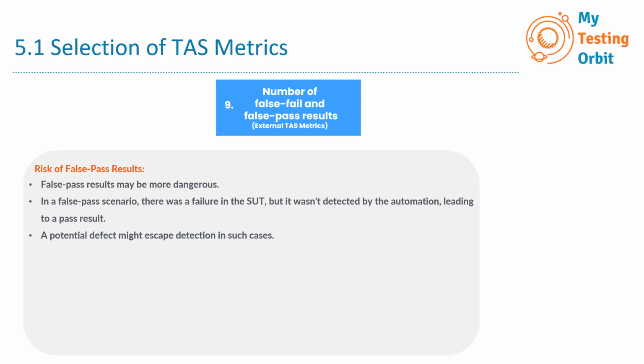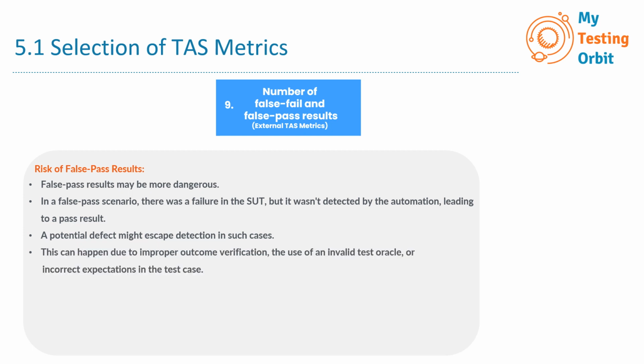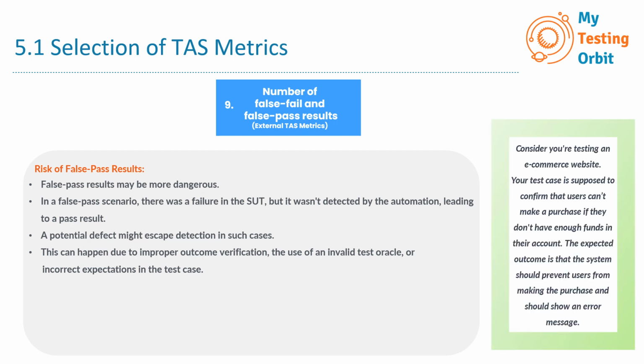So why do false pass results happen? Let's have a look. This can happen due to improper outcome verification, the use of an invalid test oracle, or incorrect expectations in the test case. So in order to understand it better, let's have a look at an example. Consider you are testing an e-commerce website.